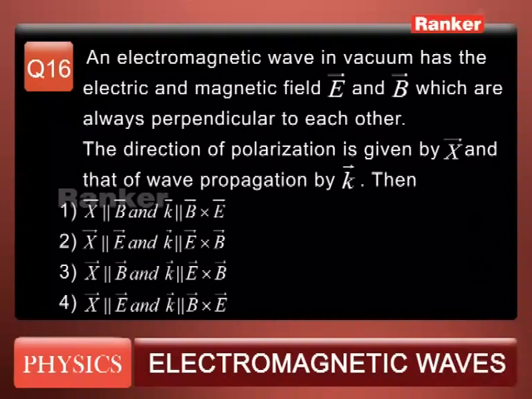Question number 16. An electromagnetic wave in vacuum has the electric and magnetic fields E and B, which are always perpendicular to each other. The direction of polarization is given by x, and the direction of wave propagation is given by k cap.